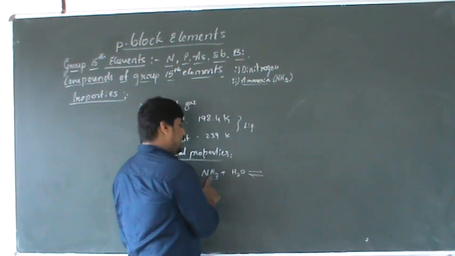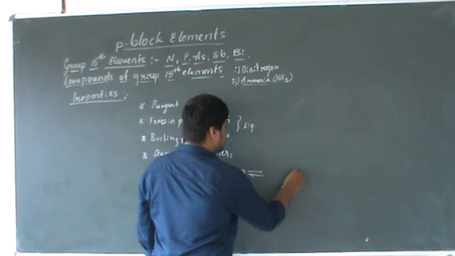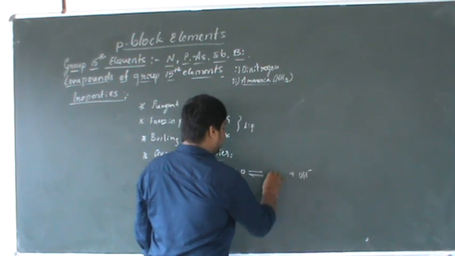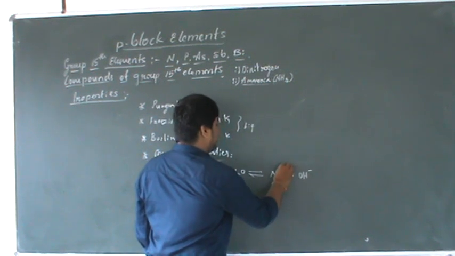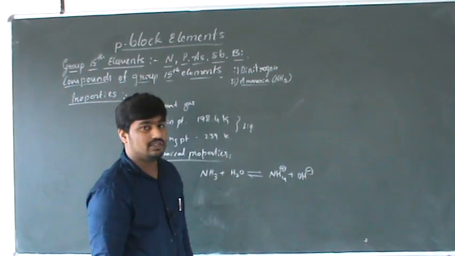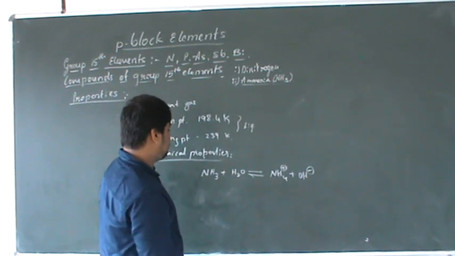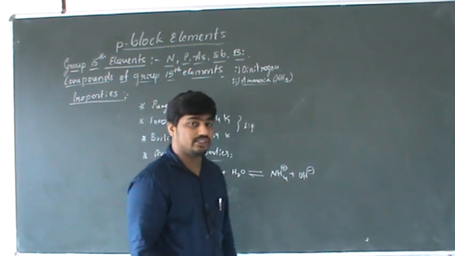What happened? NH3 is dissolved in water, it gives OH minus, and NH4 plus is formed. It is reversible. Okay, it's basic. OH minus is evolved or separated out. So it is a reversible reaction, easily soluble, and extraction is also easy.